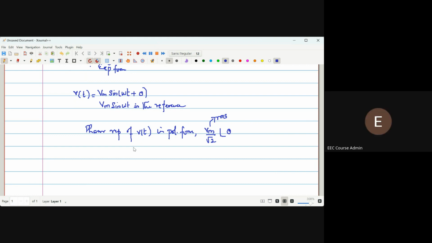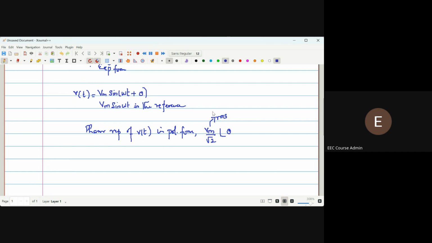Say for example, it is not given in time domain but directly in polar representation, 10 angle 0, and you are calculating some parameters throughout, as we have done in the assignments. You need not worry, because by default it's RMS only. Wherever it is necessary, it will be mentioned.